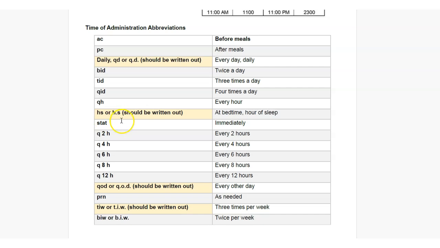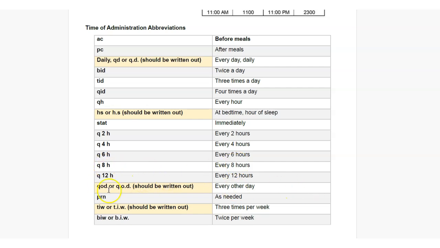HS or H.S. should actually be written out. It stands for at bedtime or hour of sleep. That's why HS. Stat is right away, immediately, now.